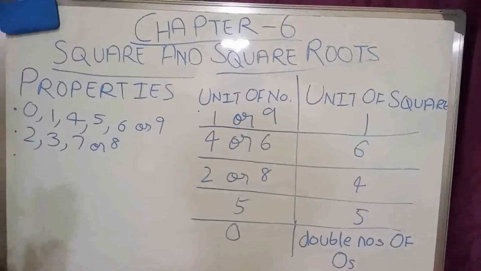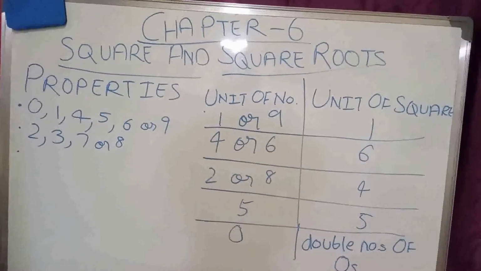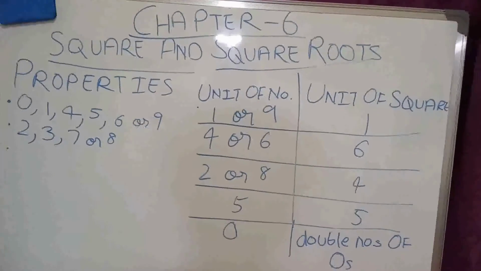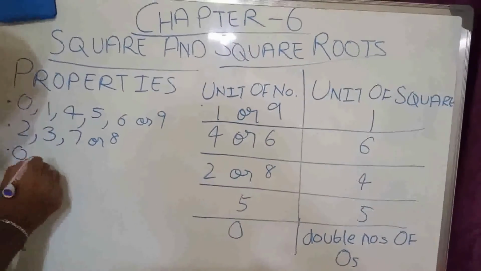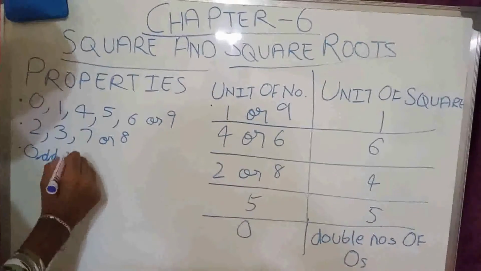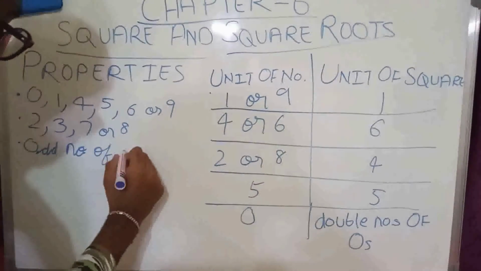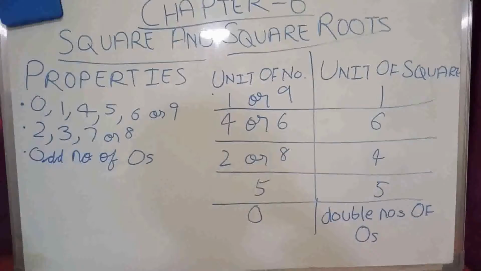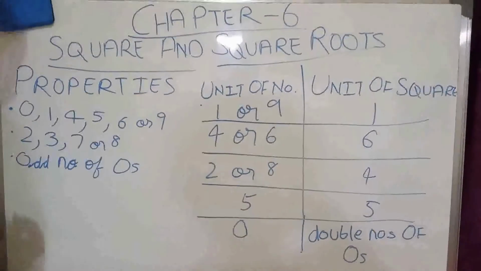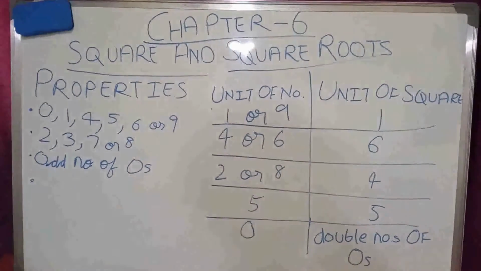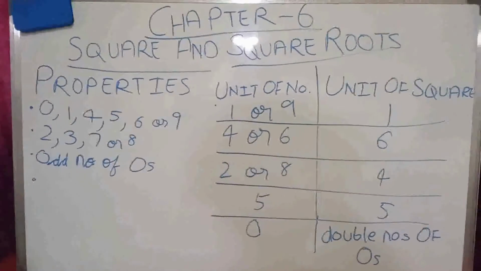If any number ends with an odd number of zeros, then it cannot be a square number. Next, the square of an even number will always be an even number.